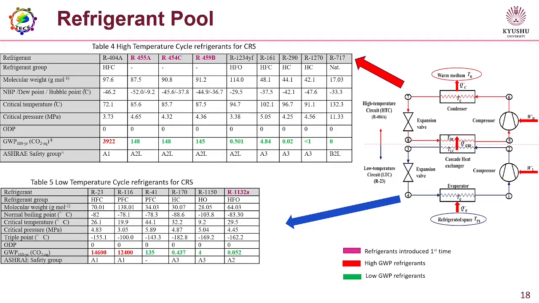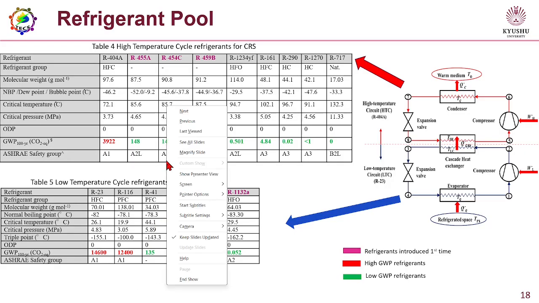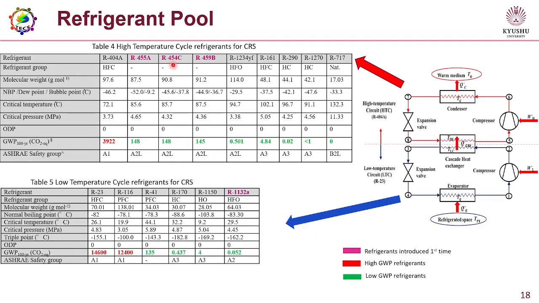Recently, ASHRAE approved zeotropic mixtures like R455A, R454C, R459B, along with R1132A were considered for the first time in this study. The refrigerant filtering was done based on the thermodynamic parameters as well as their GWP values.